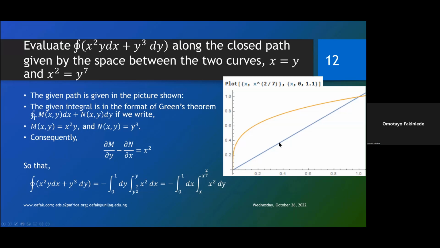If you are starting from x, you encounter the yellow line first before the blue line. If you are starting with y, you encounter the blue line first before the yellow line. That is how to take your limits, because you must take your limit in the positive direction in both cases. So just be very careful when you are specifying your domain.